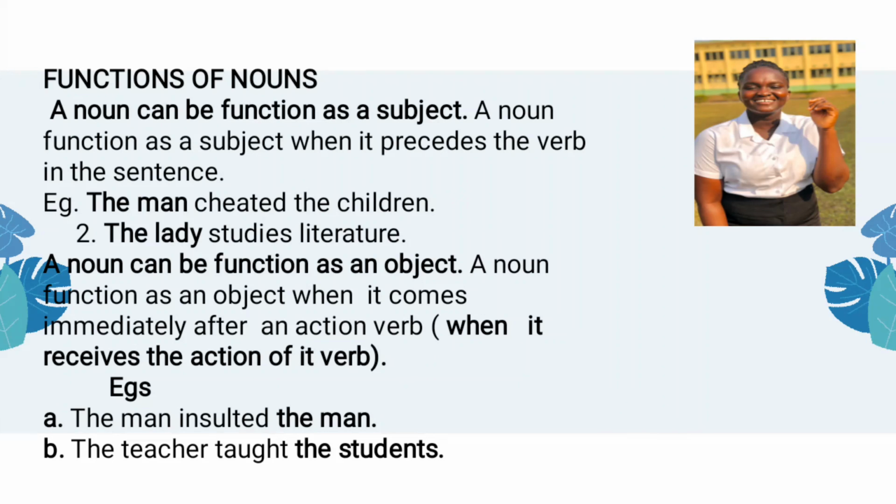We move on to the next one. A noun can function as an object. A noun functions as an object when it comes immediately after an action verb. We give an example like: The man insulted the boy.